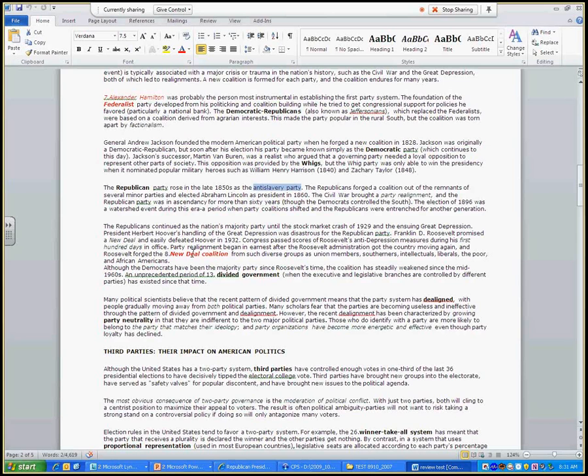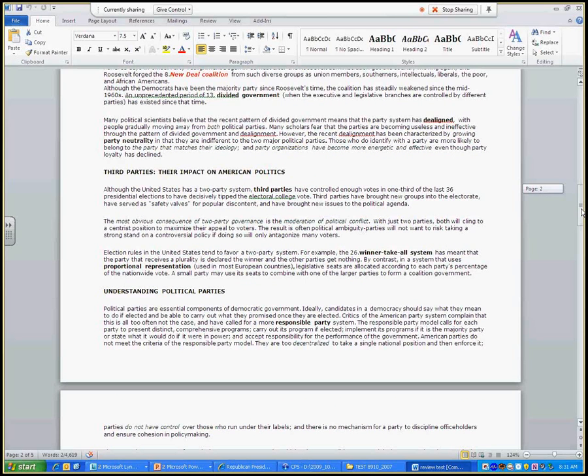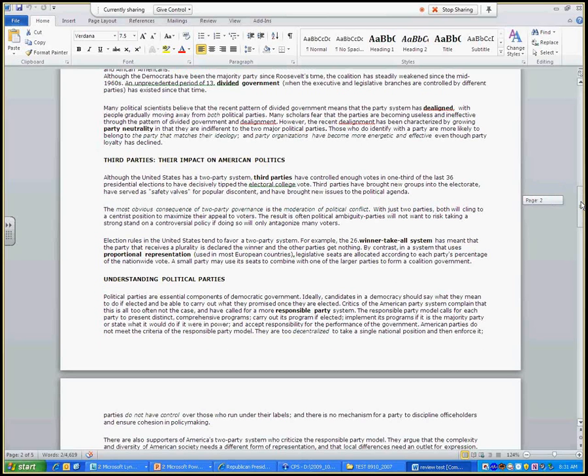And then the Democratic Party controlled the government until around 1968, where we went into a divided government, where Republicans would be president and the Democrats would control Congress. And just skimming on down here a little bit, we'll talk about that a little bit later.